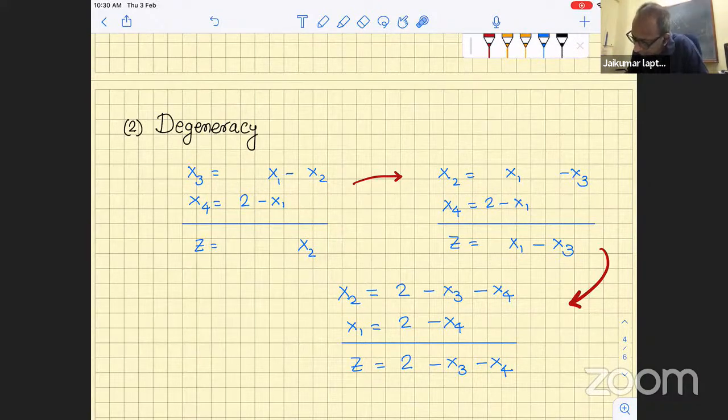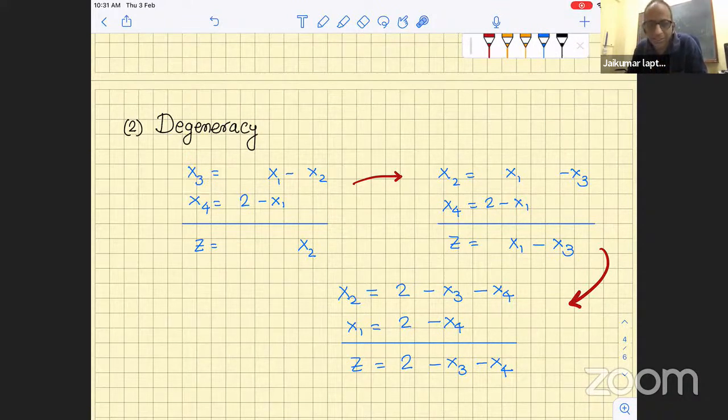How much can we increase x2? x4 is oblivious. x3 is the problem. x3 says, don't even touch x2. The moment you increase x2, I'm going to get into trouble, because x3 will start becoming negative as we hold x1 at 0.